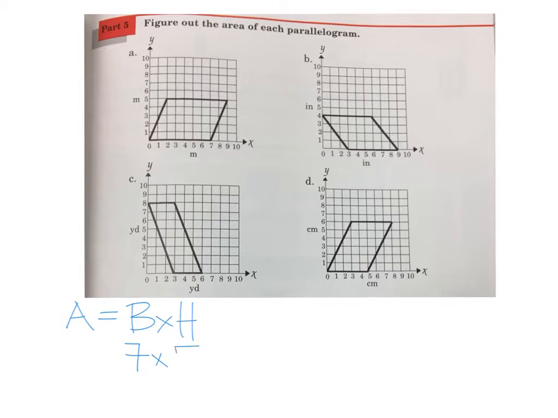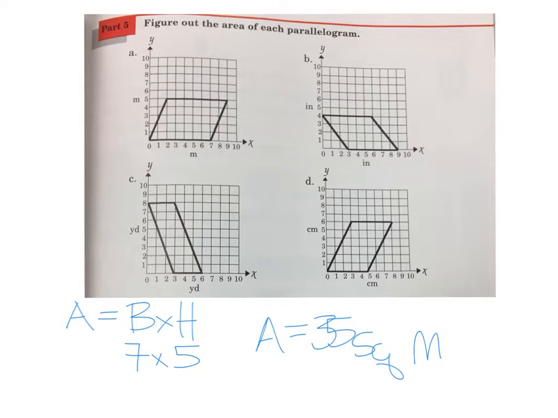So 7 times 5 means that my area is going to equal 35 square meters. Always use the units, and I can see here M, which is meters. So for A, I've done the base 7, and I see that my top corner goes to 5, so 7 times 5 is 35 square meters.